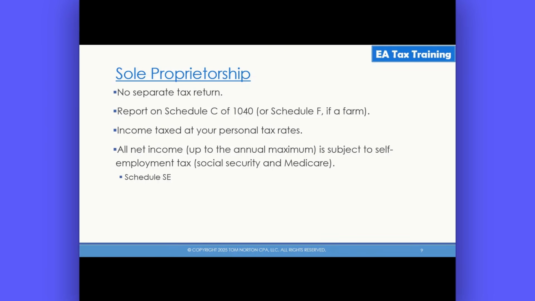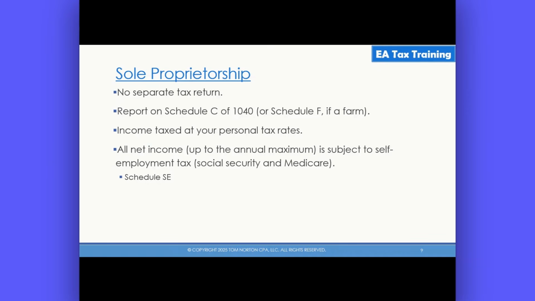All of your income is going to be taxed at your personal tax rates. There's no separate tax rate for the income that you have from your business. And all of your net income is going to be subject to self-employment tax, which is a replacement for Social Security and Medicare tax. If you were with us in part one, we did talk about self-employment tax, and we will be talking more about it here in part two.